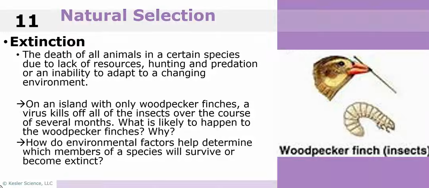So, how do environmental factors help determine which members of a species survive or become extinct? Remember, the environment is all of the surroundings and conditions that the organism lives in. So, that includes the food, the water, the shelter, the availability of resources, the availability of mates.